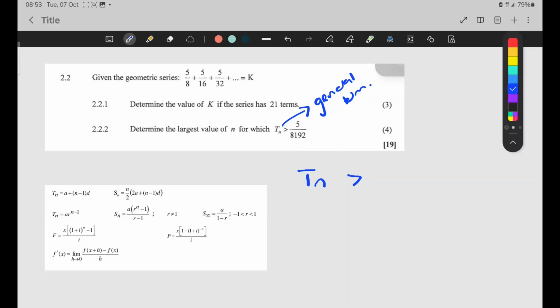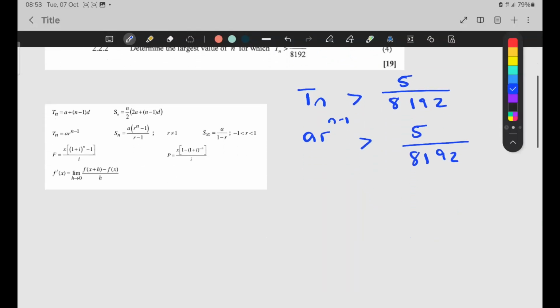Tn is greater than 5 over 8192. Now, do you see this Tn over here? I'm going to replace it with a formula. This formula over there is a times r to the n minus 1. And this is greater than 5 over 8192. Okay, so now I'm going to substitute. Remember, a is the first term.